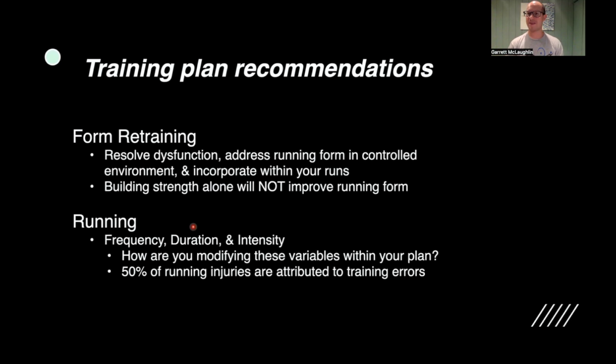So I highly recommend thinking about these three things: frequency first, how many days per week are you running; duration, how long are your individual runs, and how many miles are you running per week within your training plan; and then intensity. Typically, I like to follow what's called the 80-20 principle, which means 80% of your runs are easy and conversational, and about 20% is speed work. That is a good balance.